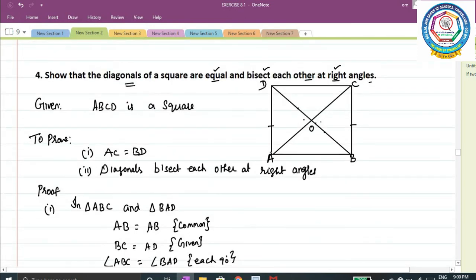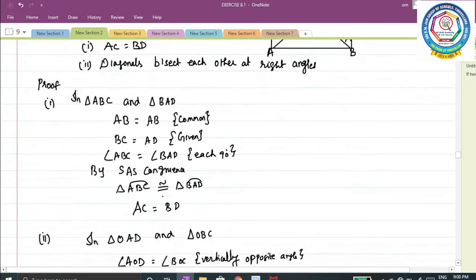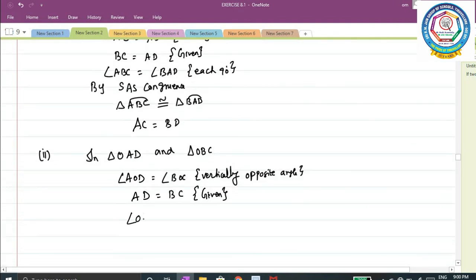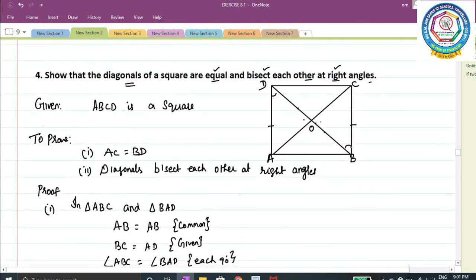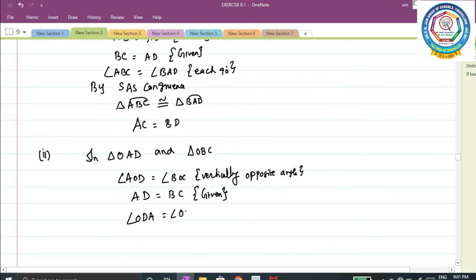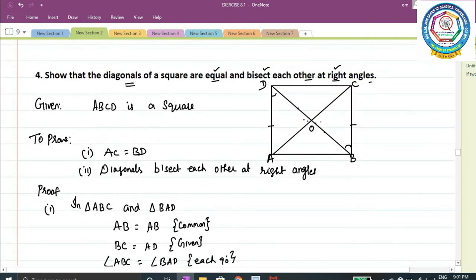Next one, here if two lines are parallel, the alternate angles are equal. Okay, so here I am going to take angle ODA is equal to angle OBC. So alternate interior angle. So here what congruence is coming?